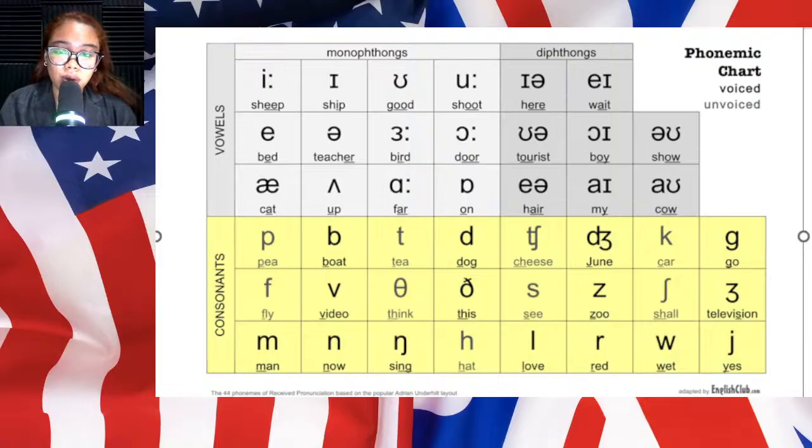If you know the individual sounds, it will be much easier for you to read different words in English, because now you can combine these sounds. All right. Let's continue.